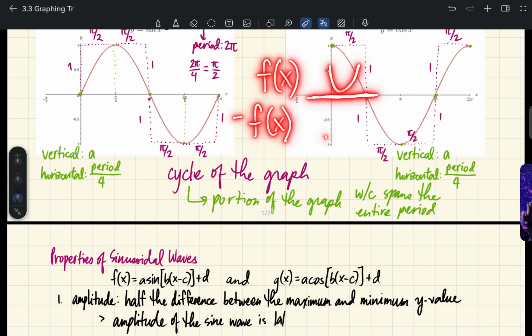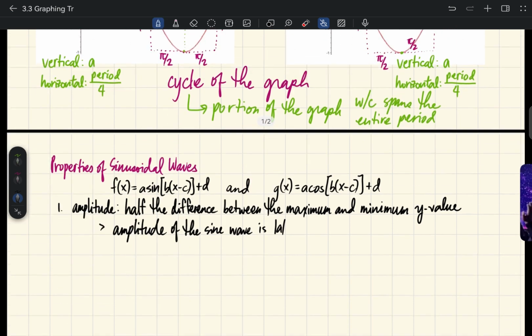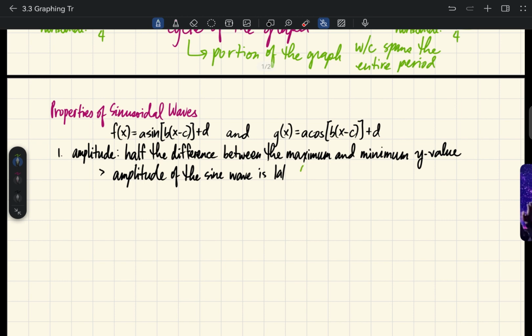So if this is your x-axis, negative f of x will be found below the x-axis. So we take note right here that if A is negative, we negate our framework.